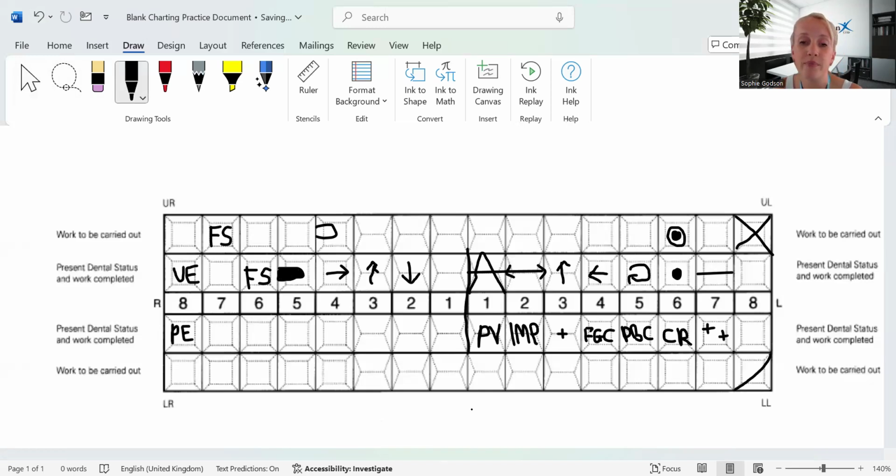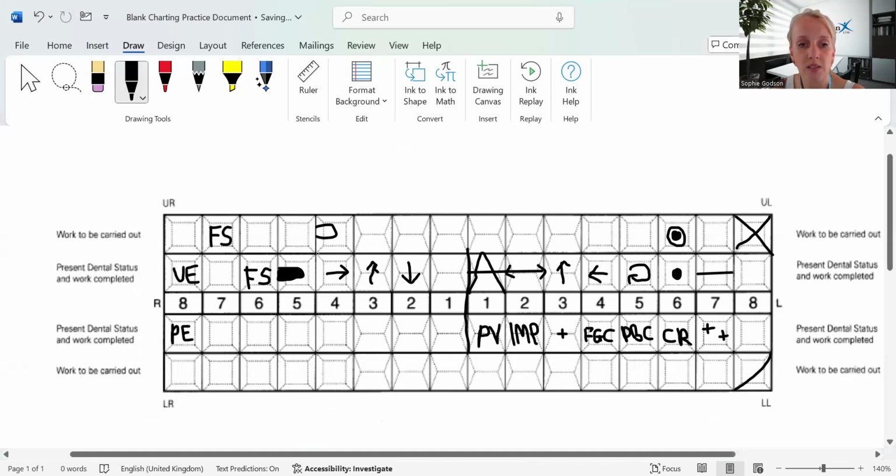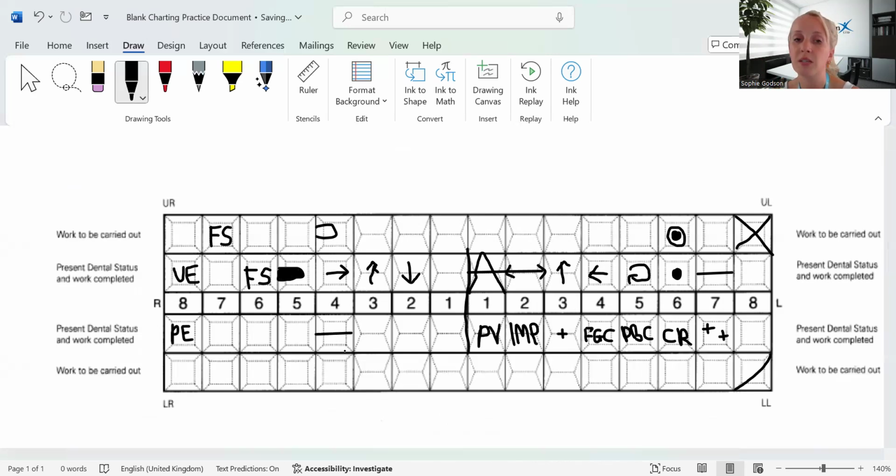That's an implant. A bridge, you've obviously got a missing tooth. So your pontic is the false artificial tooth of the bridge. So you're going to chart the tooth as missing. So say we've got a bridge 3 to 5, 4 is the pontic. You're going to first put the 4 as missing, and then you're going to put bridge, pontic over the top.